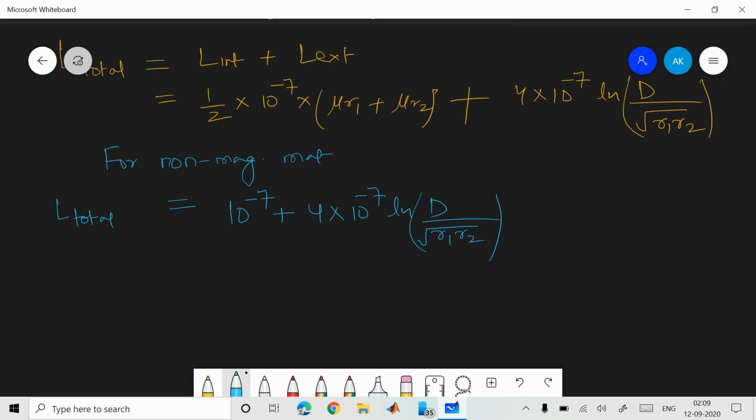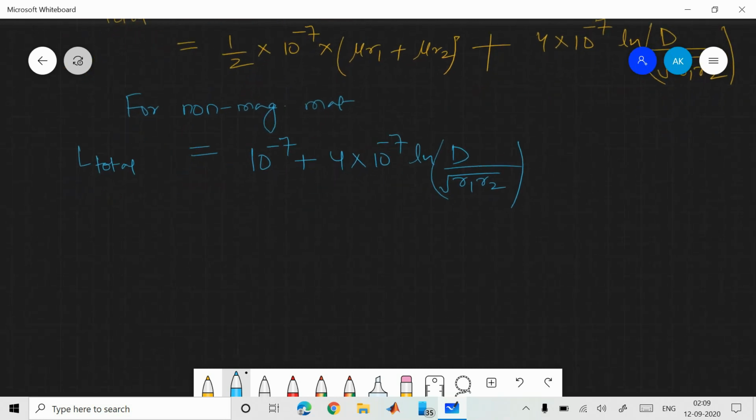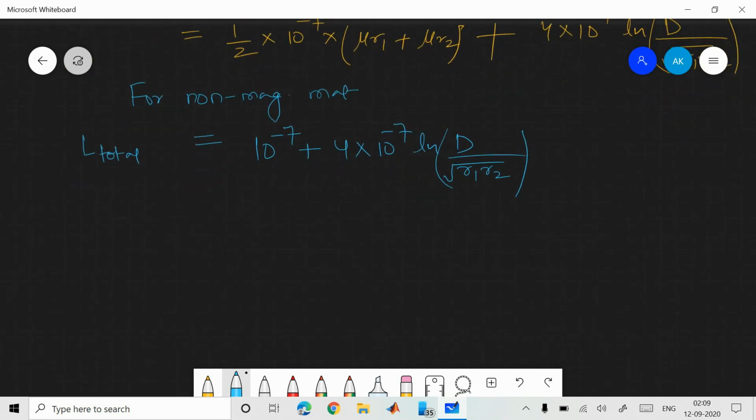Okay. So if you take 4 into 10 raised to power minus 7 common, you will get 1 by 4 plus ln d over under root r1 r2.